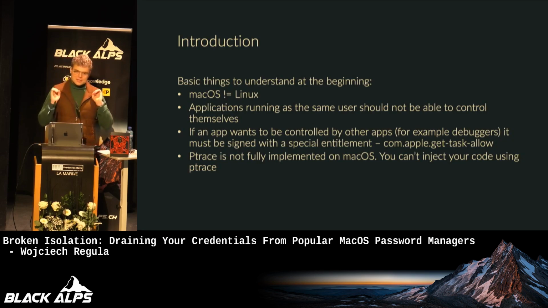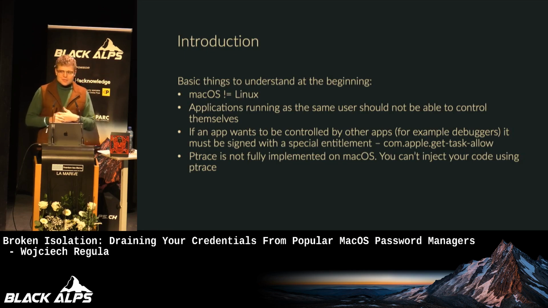So your application must deliberately say, I want to be debugged. This is the idea. And some of you may say, okay, but you told us that macOS is POSIX compliant, so there should be ptrace. And yes, ptrace is present on macOS, but it's not fully implemented. So you cannot inject your code using ptrace.